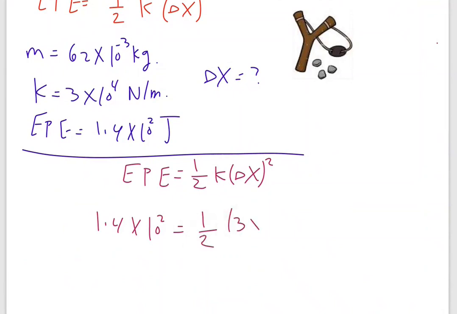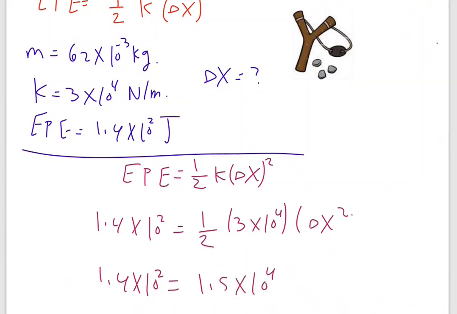K is 3 times 10 to the power 4 delta X squared. Now simplify. 1.4 times 10 to the power 2 equals 3 times 10 to the power 4 divided by half. It's 1.5 times 10 to the power 4 delta X squared.